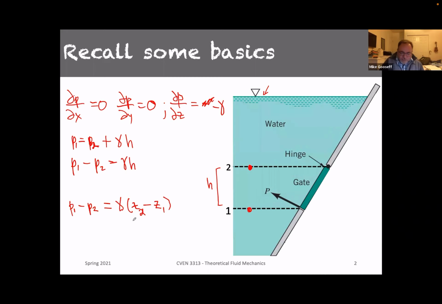So we've called this H. The other thing to reinforce with this equation is simply that when you change Z, you change P, and those changes are proportional or translated by our gamma value, our specific weight.